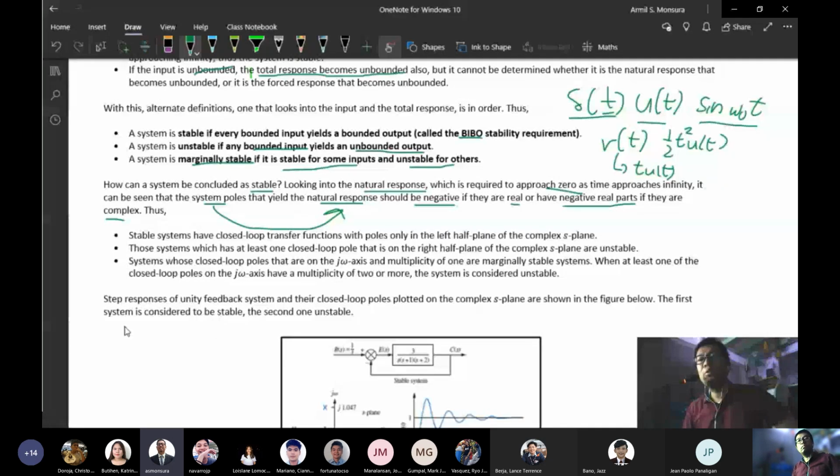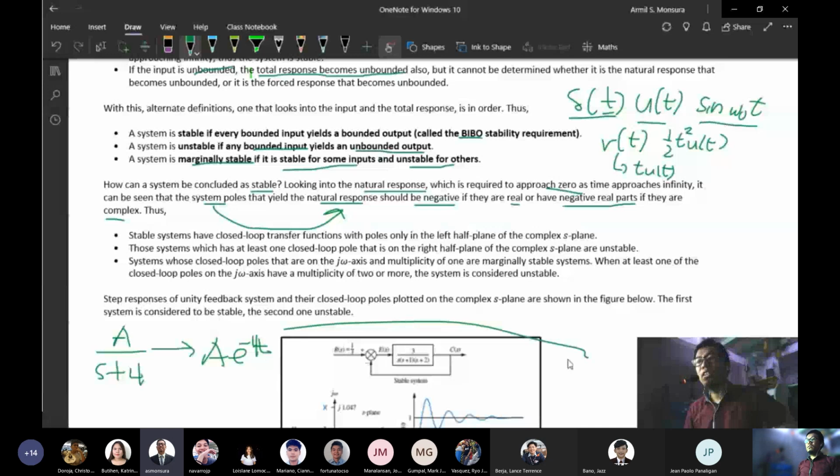For example, kung meron kayong isa sa mga partial fraction decomposition ng response niyo na A over s plus 4. Pag ito in-inverse niyo, magiging e raised to negative 4t yan. So kapag ito kasama ngayon sa natural response niyo, obviously itong e raised to negative 4t would decay to zero.